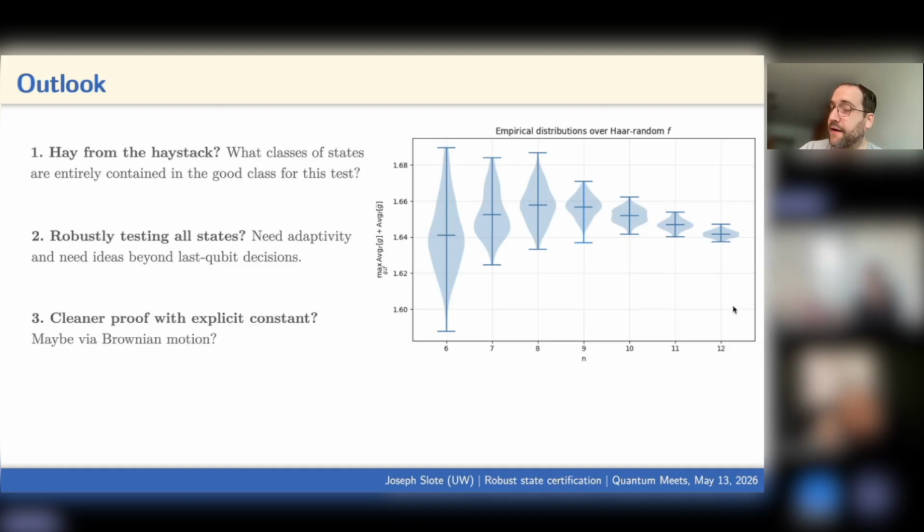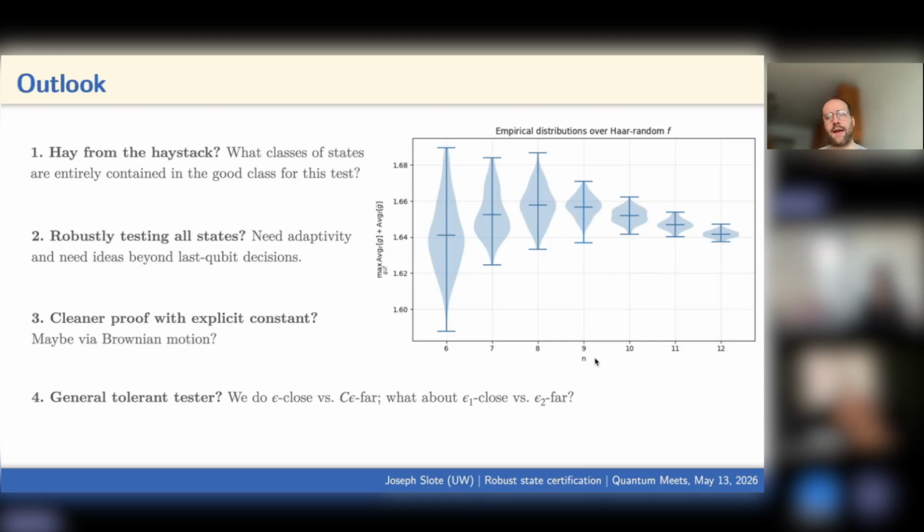So that's a very good constant. And it would be nice if there were a different argument which can prove this much better constant. The argument that was given shows that the middle of each violin plot is at most 1.999999. So maybe there's some other argument, maybe via Brownian motion.